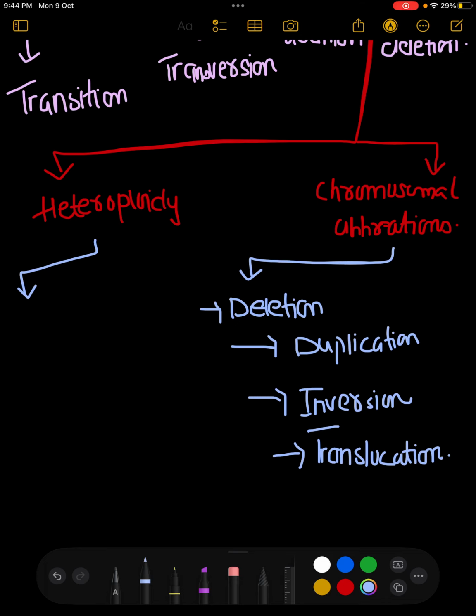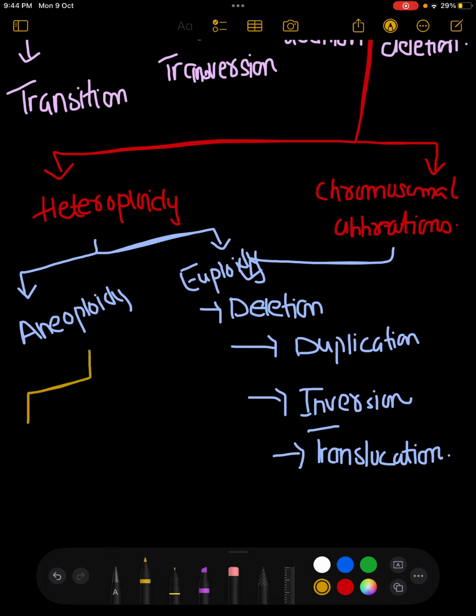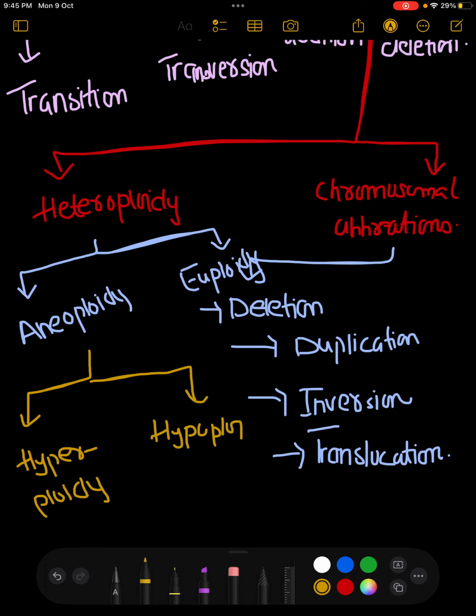Now this heteroploidy is further divided into aneuploidy and euploidy. Now this aneuploidy is divided into hyperploidy, right?